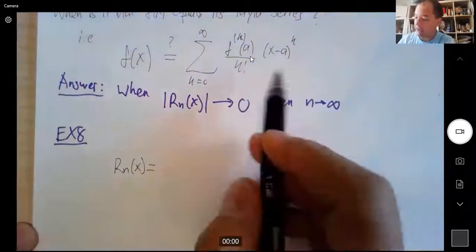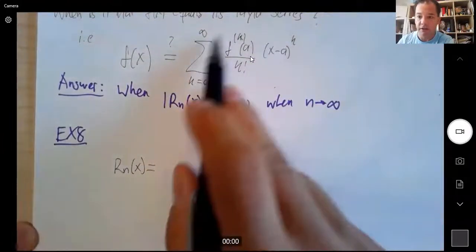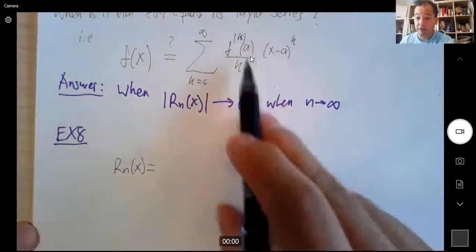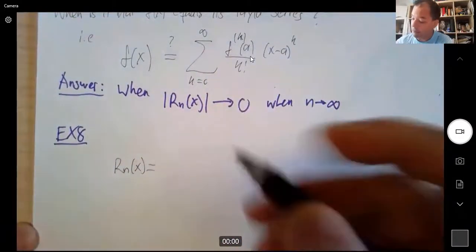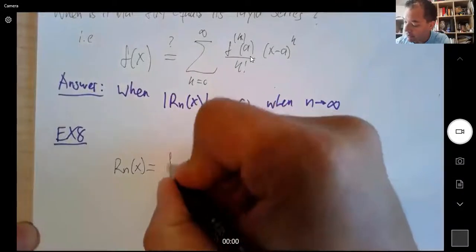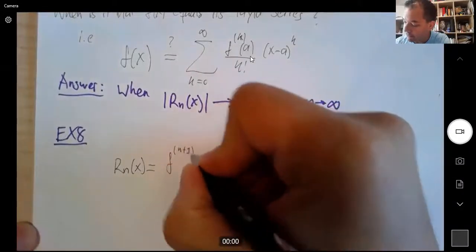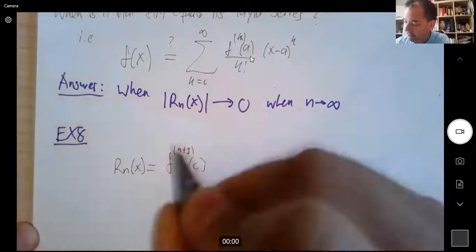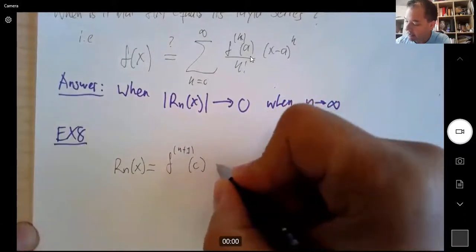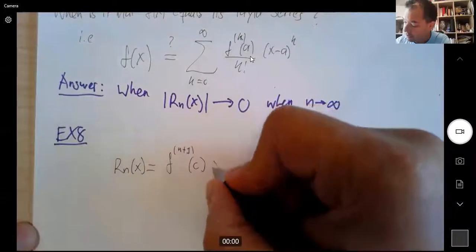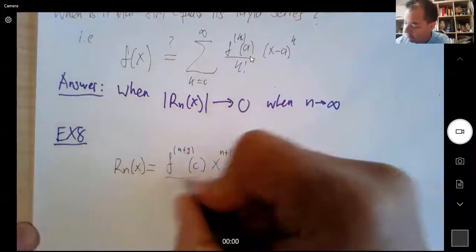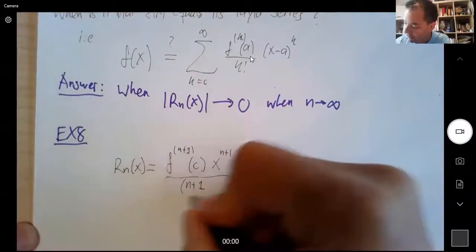It is almost exactly like the formula for the Taylor series, but instead of k, we use the next term. We use n plus 1. So the remainder is the n plus 1 derivative at some point c, that's the difference. And in this case, because we're doing cosine centered at 0, this will be x to the n plus 1 over n plus 1 factorial.